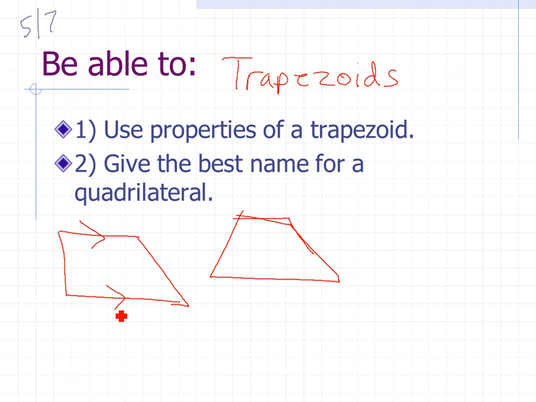So to be a trapezoid, the key thing is two parallel sides. Not two pairs of parallel sides, but just two parallel sides. So you've got all kinds of different ways a trapezoid could look, but the whole point of me saying that is on my slideshow, on the computer, I'm only smart enough to draw one kind of trapezoid. So don't think that every trapezoid looks like that.